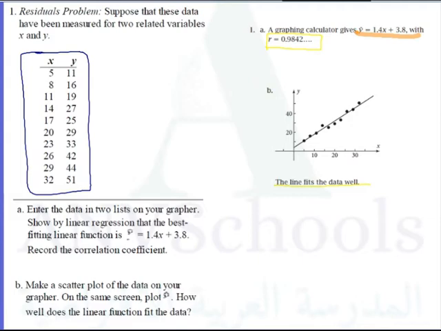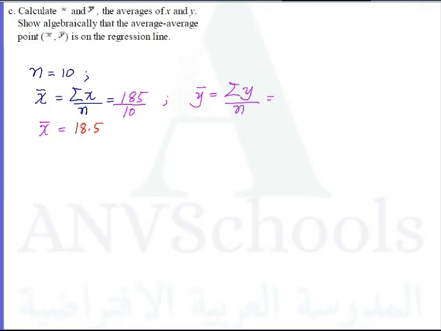This will give us 297. So this is 297 divided by 10, and our y bar, or the mean, is equal to 29.7.